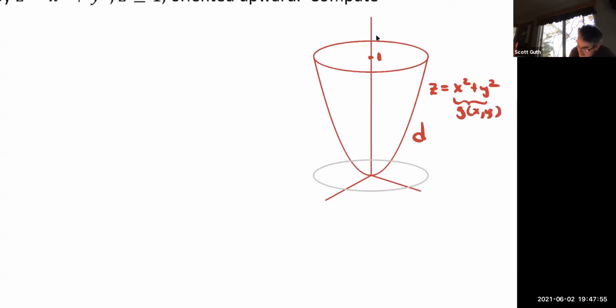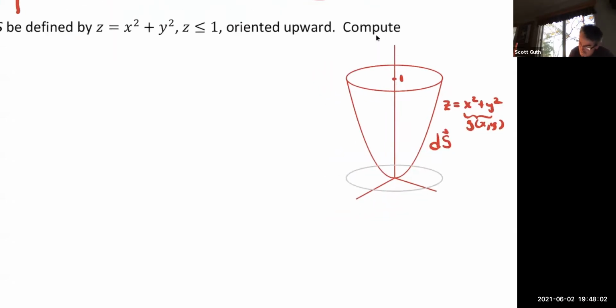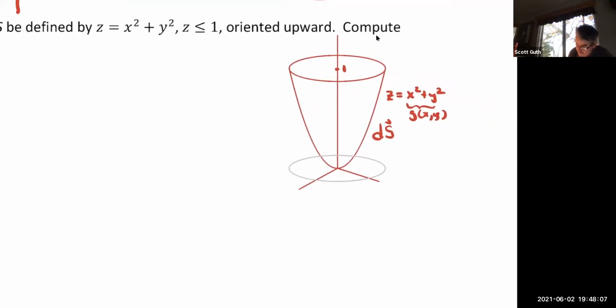So ds, the vector, using the formula I just gave, is going to be negative g_x, negative g_y, 1, and again dA. Any questions about that?